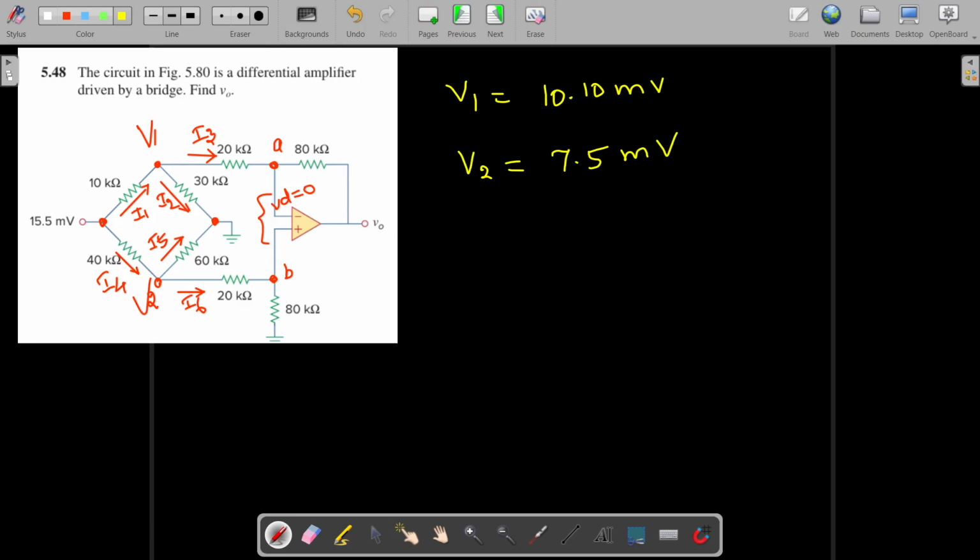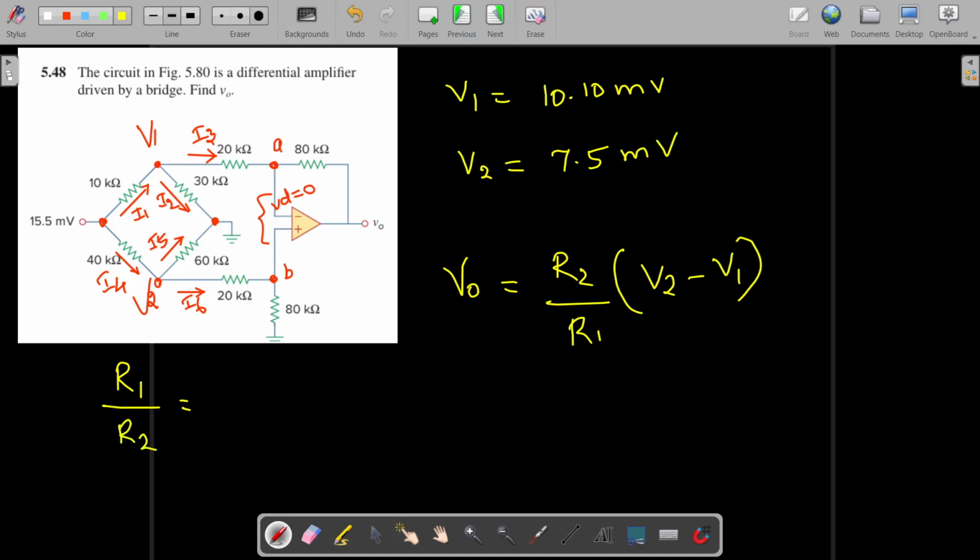Since this is a differential amplifier, we can find the output V0 as R2 divided by R1 into (V2 − V1). This equation is applicable whenever the ratio R1/R2 is equal to R3/R4. In our case, this is R2, this is R1, this is R3, that is 20 kilo ohm, and this is R4.